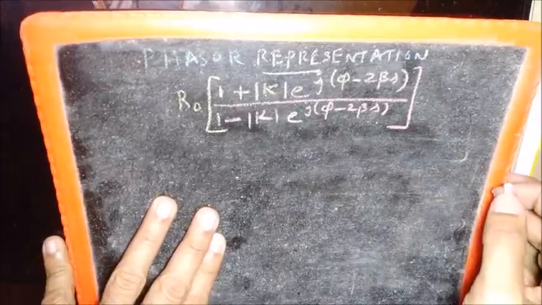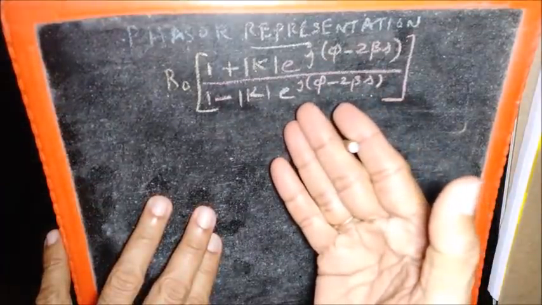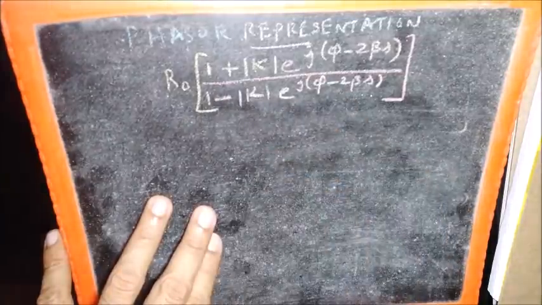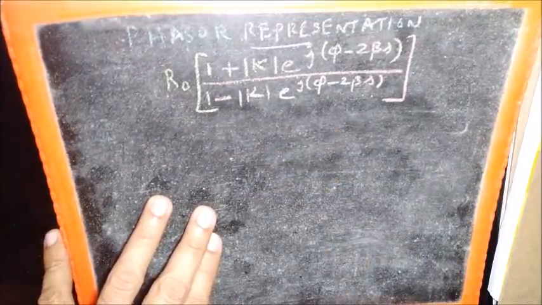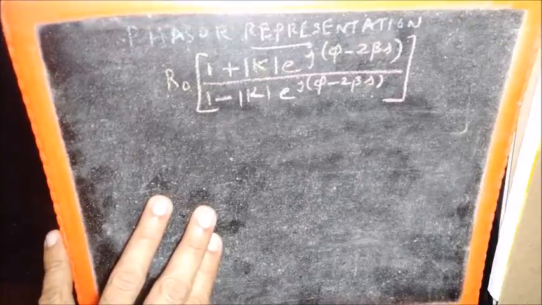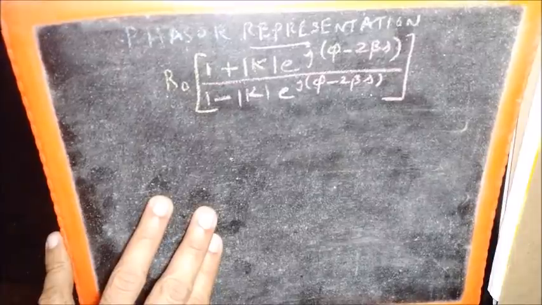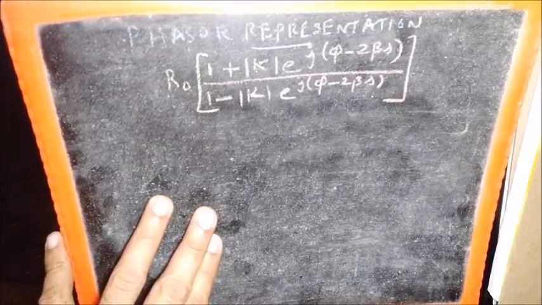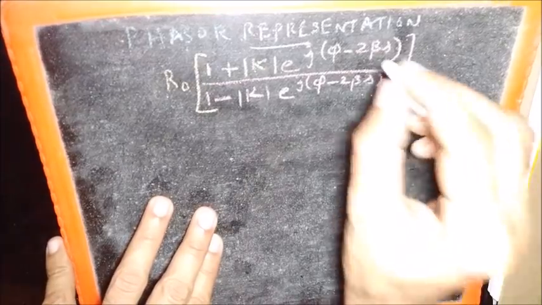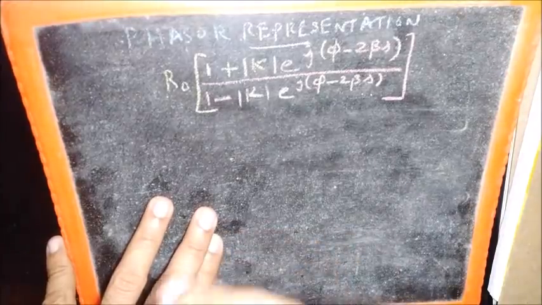Now, what we do is we can represent the numerator as well as the denominator in the form of phasors, and then we can interpret the same things that we interpreted earlier through that phasor diagram. We will see that this phasor representation will be quite handy later on, and hence it is worth spending some time discussing it.